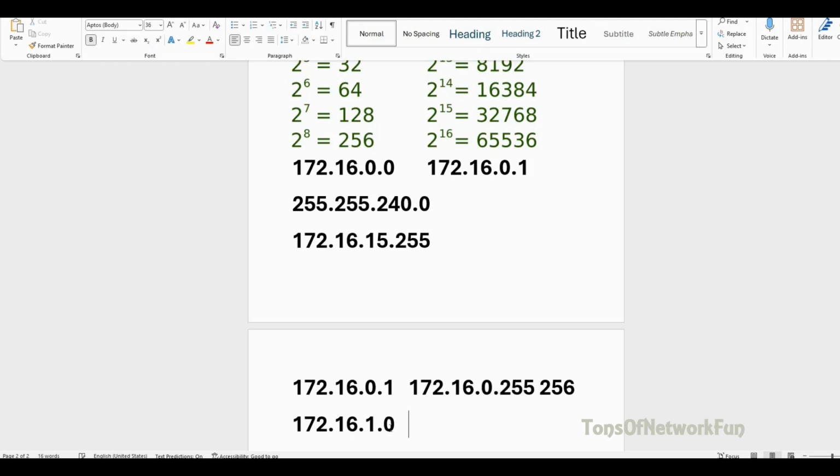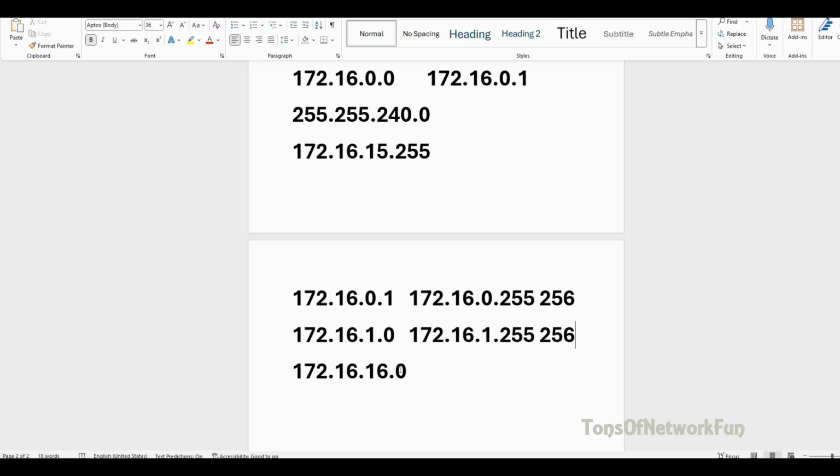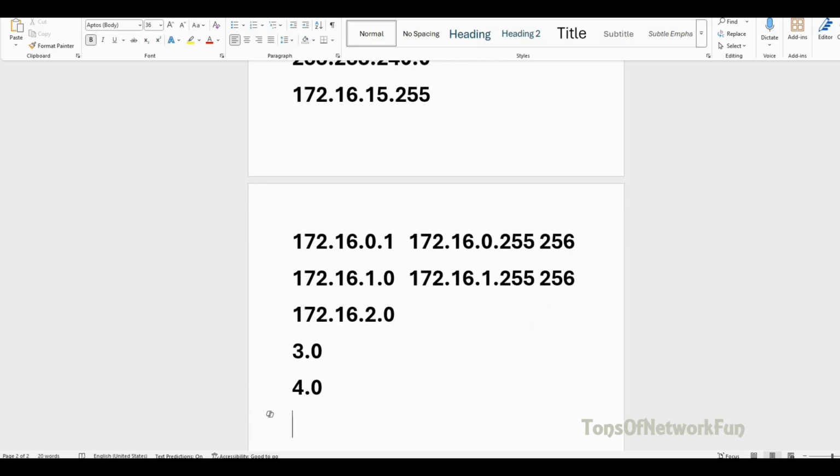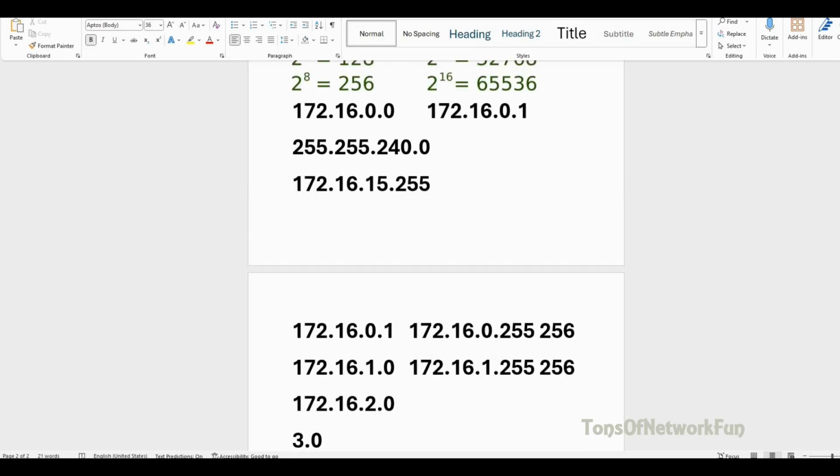And this is actually a usable IP, okay? This is not a network ID or anything, so you can give this to a host. And this will end at 172.16.1.255, 256 addresses. But we have to keep going, right? We have to keep going 2.0 and 3.0, 4.0, all the way until 15.255.